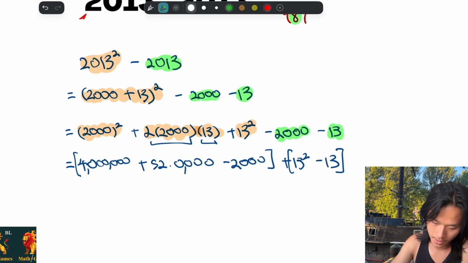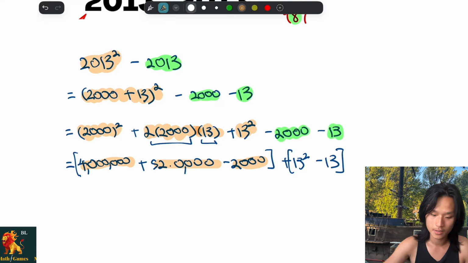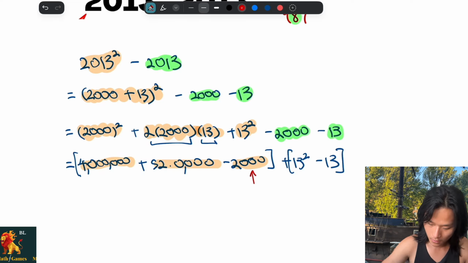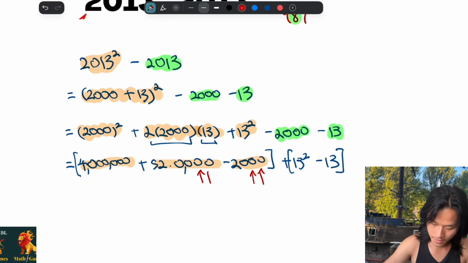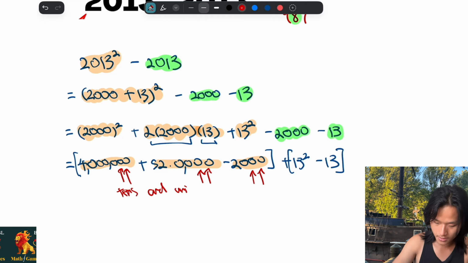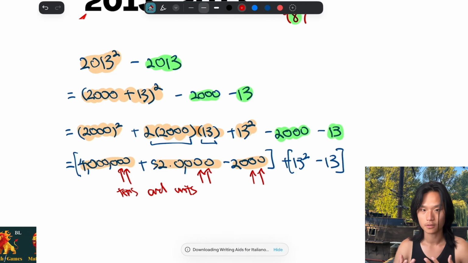So now let's take a look here. All of these terms have a lot of zeros. And the most important thing we notice is that the first two digits, the tens and the units digits, are all 0.